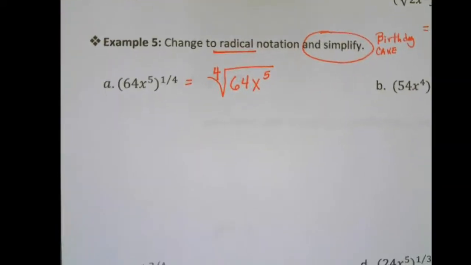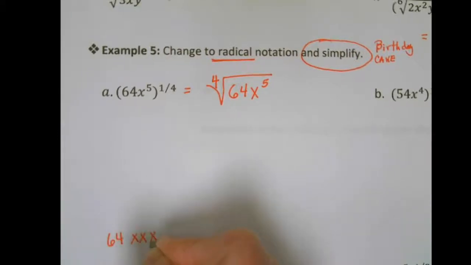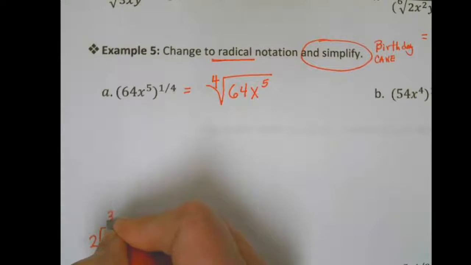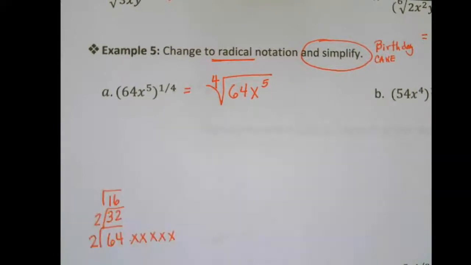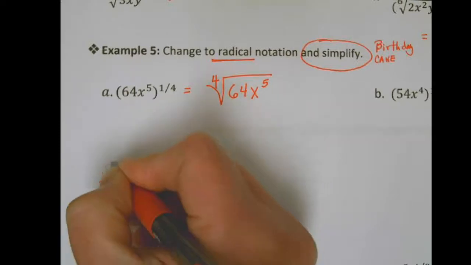So that means I'm going to go down here to the bottom of my problem, and I'm going to write down the 64 and x to the 5th power, and I am going to make a birthday cake. 2 will go into 6, and 2 will go into 4. 2 will go into 32. 2 will go into 16. There are a lot of 2's in this problem.